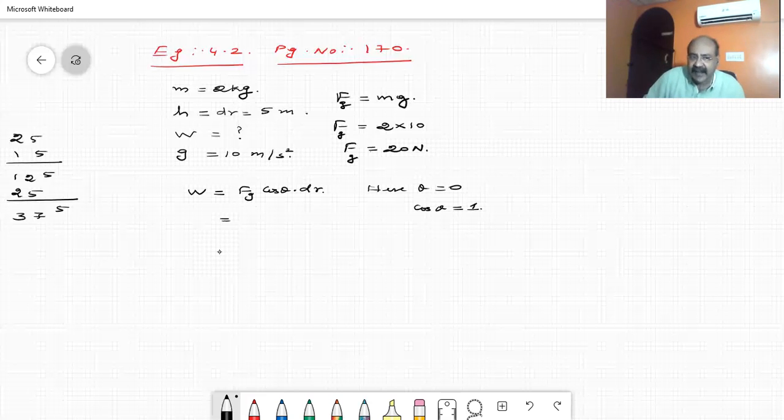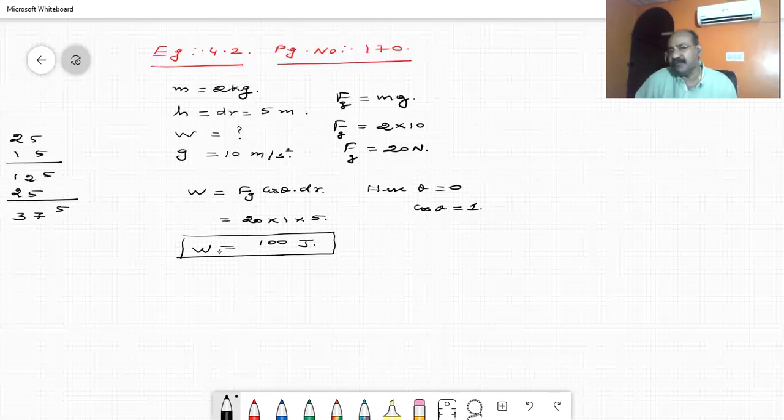So Fg is 20 Newton into cos theta 1 multiplied with dr, which is 5. 20 into 5 is 100. 100 joule is the work done by the force. Any difficulty? So the work done by the gravitational force is 100 joule.